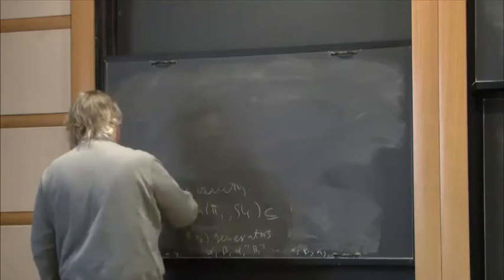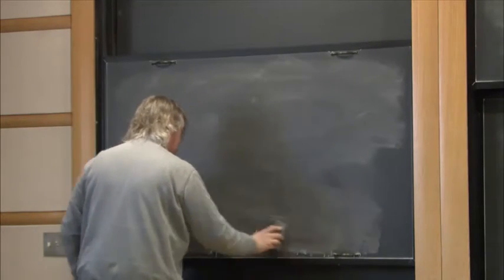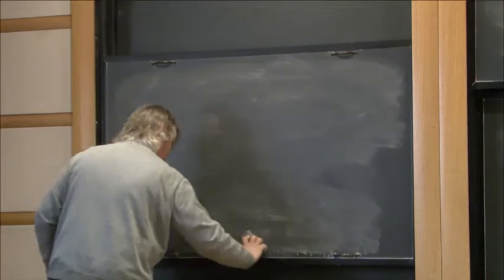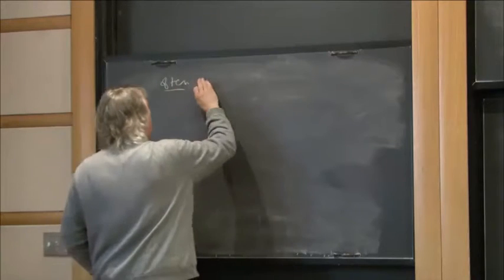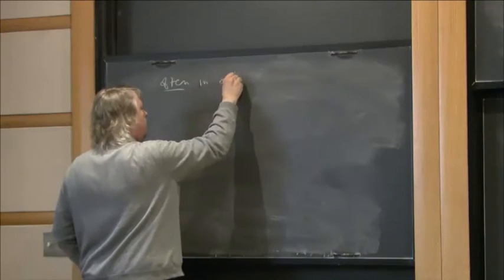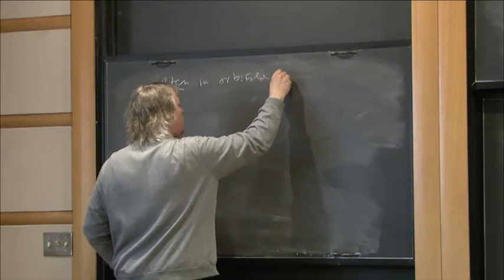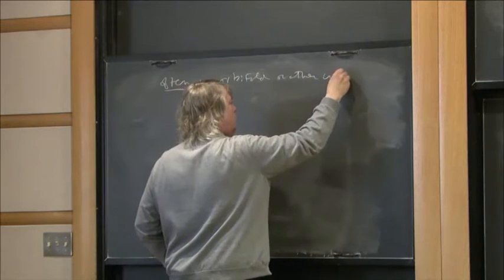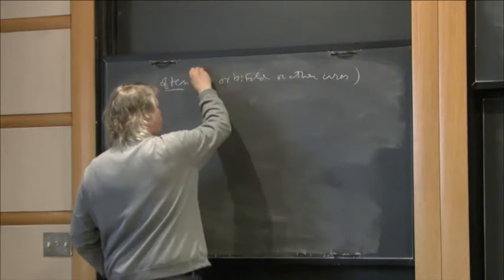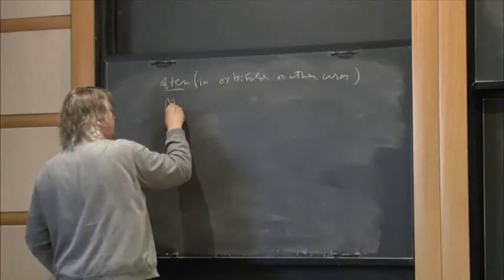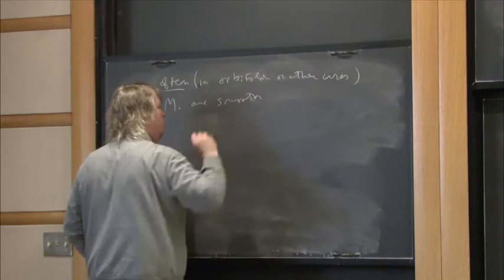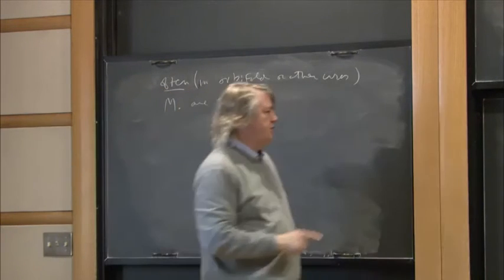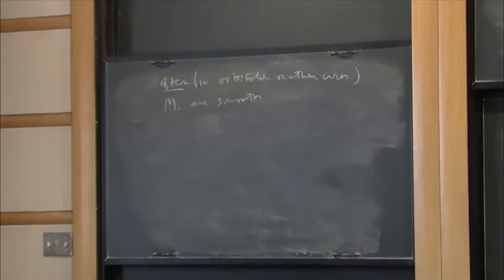You can often have a situation where these moduli spaces are smooth, often in the orbifold or other cases. In the precise situation I said here, they're not going to be smooth, and you can tell when it's going to be smooth or not.